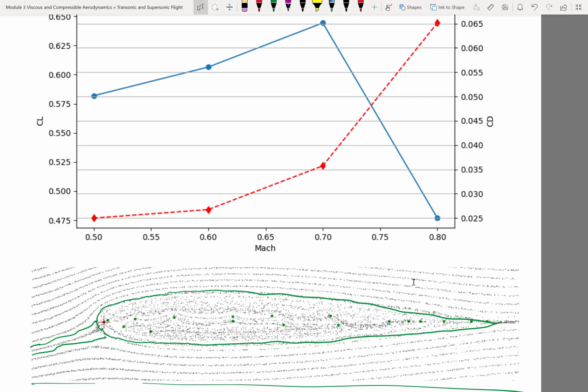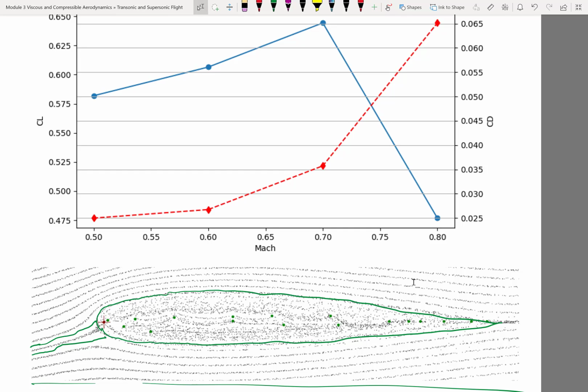So as you're decelerating, my stream tube area increases while the velocity decreases. If you know the geometry of the flow, then you would know exactly how much the velocity has decreased, and from that you would know how much the pressure has increased.